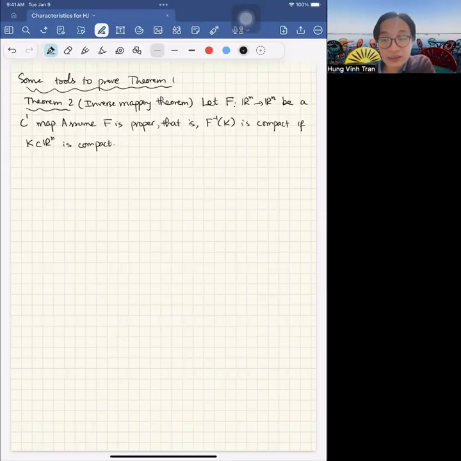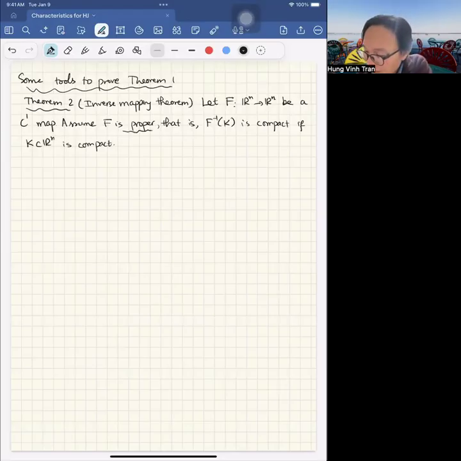However, it doesn't imply yet that F inverse of K is compact because it can be unbounded, right? So this assumption essentially assumes F is proper, meaning that F inverse of K needs to also be bounded, right? The moment that you have closed and bounded, then it's compact in Rn. Okay, so I need to put this assumption that F is proper.